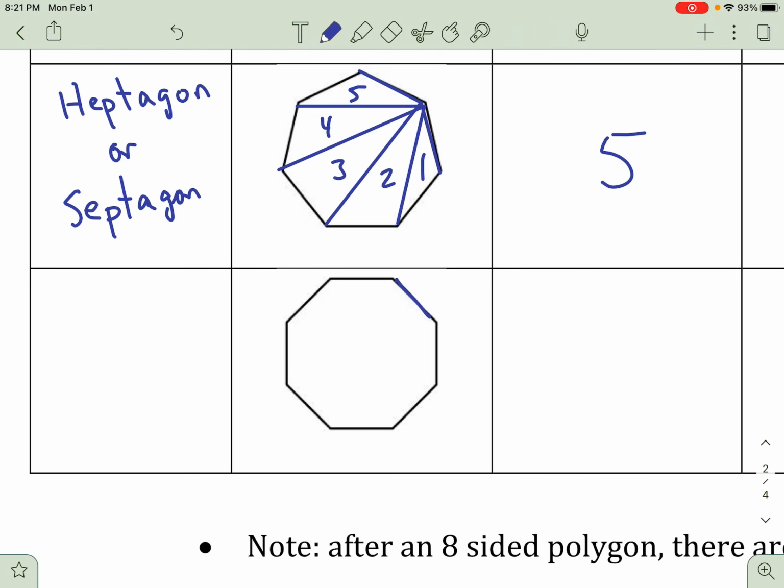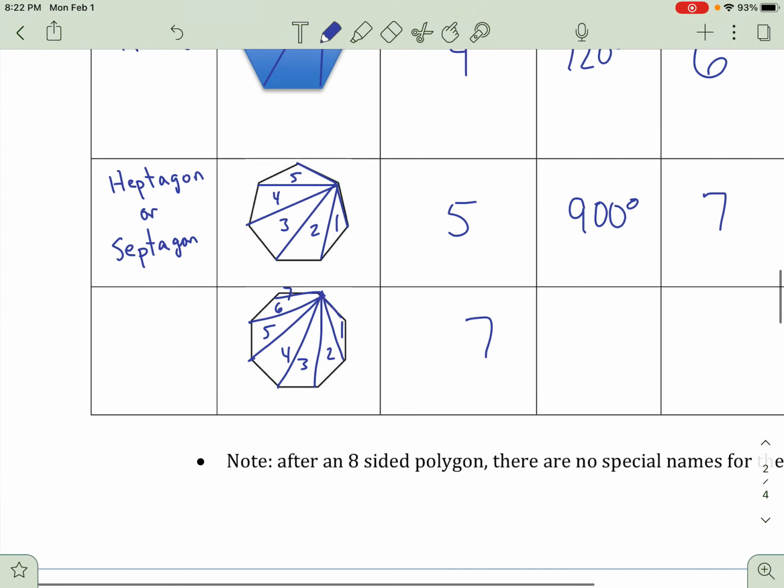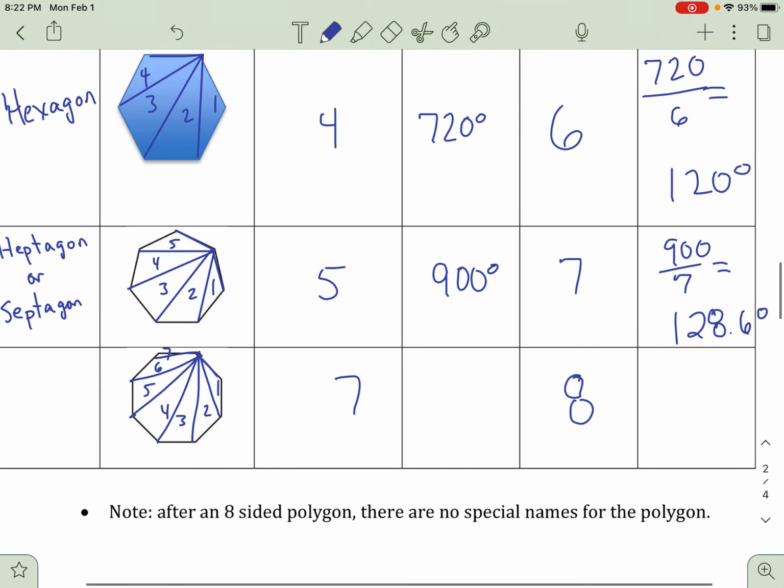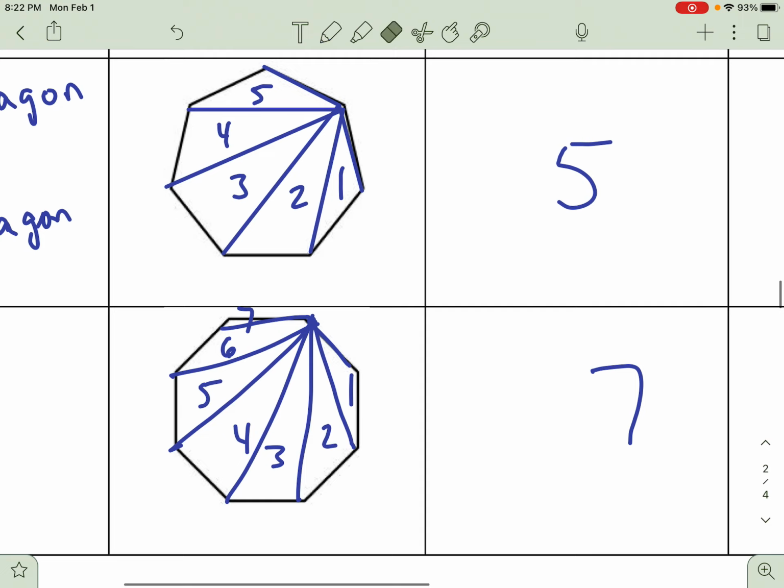And the last one here is an octagon. It's got 8 sides. 1, 2, 3, 4, 5, 6, 7 triangles. Wait, did I get 7?